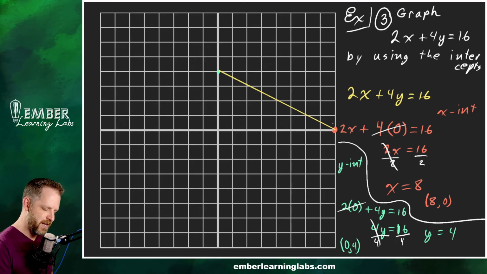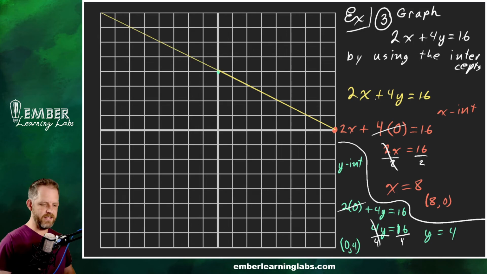Let me see if I can get something prettier. This should go up 4 and then over all the way this way. There we go. That's gorgeous. And it's a line, so we're going to put arrows at the end, and it keeps on going. So that's pretty easy peasy, graphing that using intercepts.